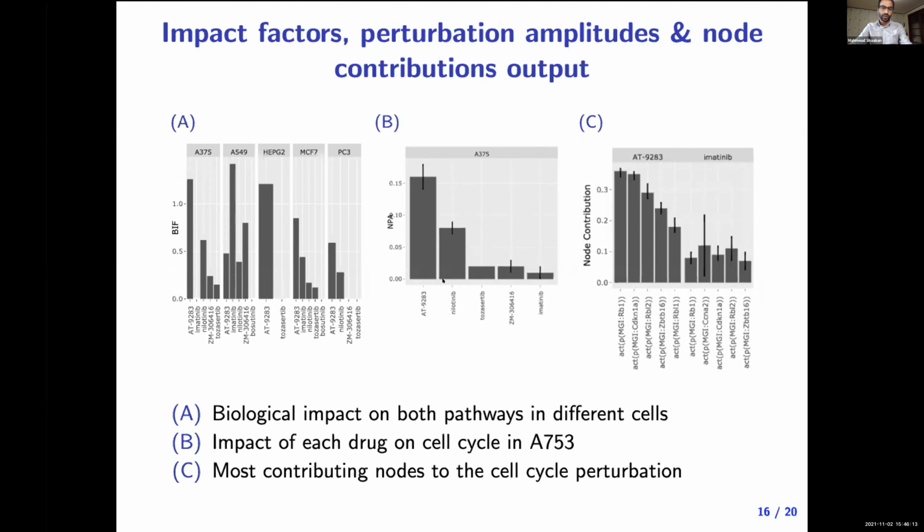And then in panel B, it shows the effect of each of the 5 drugs on the cell cycle in one particular cell line. And you can see that one of the 5 drugs has a higher magnitude perturbation in this network. And then you can also see which nodes in the network each drug targets more specifically.